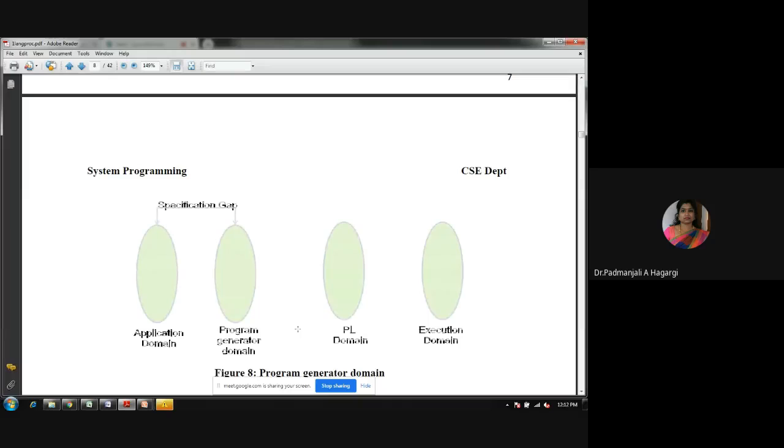So the programming language domain, whatever languages we have, those languages themselves are ready for execution of the program. So here we are not taking any bridging of the gap. They themselves are separate programs. In those programs we combine the model.